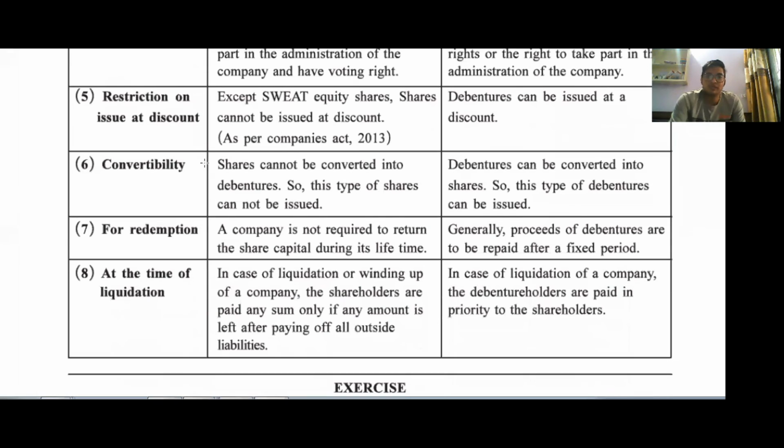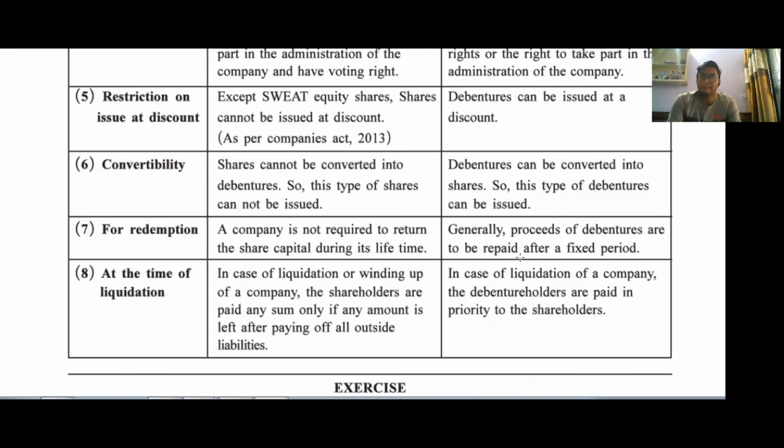Next one, convertibility. Shares cannot be converted into debentures, but on the opposite side, debentures can be converted into shares. Next, redemption. The company is not required to return the share capital during its lifetime, but the proceeds of debentures are to be repaid after a fixed term.